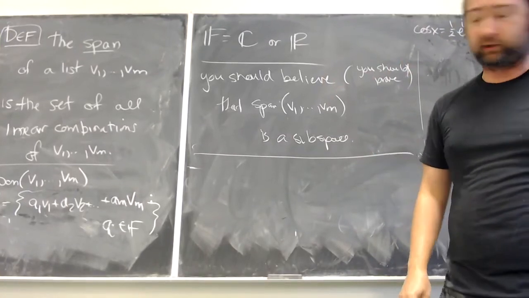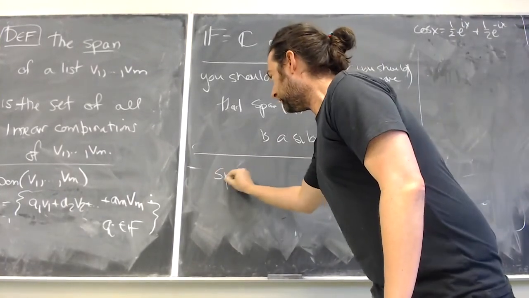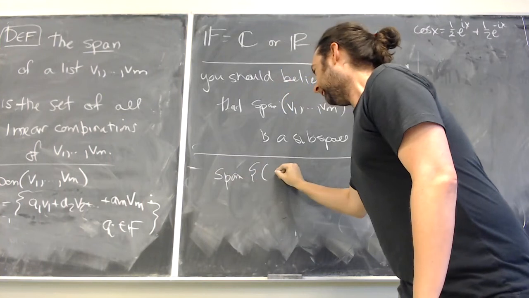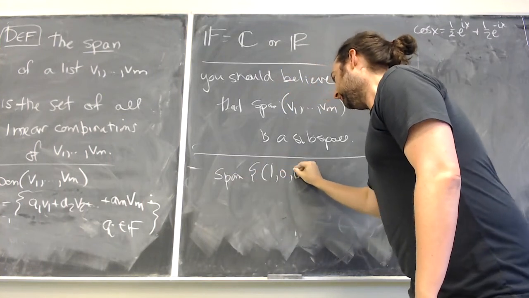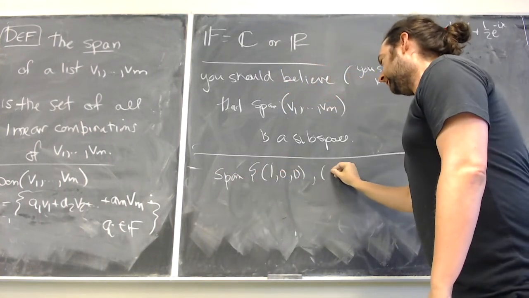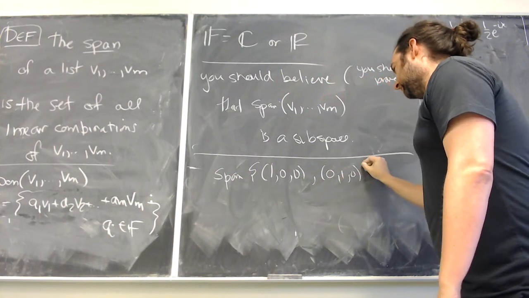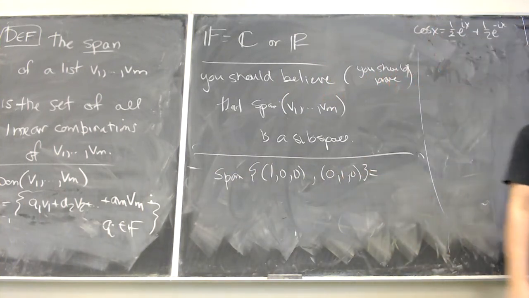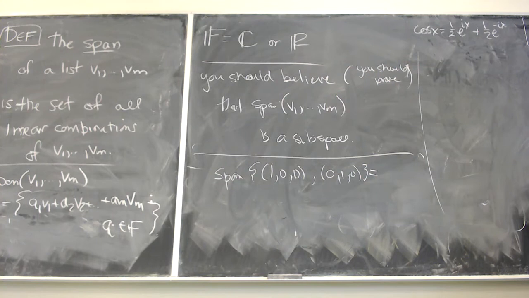I'm going to do one more example here, which I'm going to ask you, what is the span of the vector 1, 0, 0 and the vector 0, 1, 0? I heard a concrete vector with numbers. I heard something with variables.